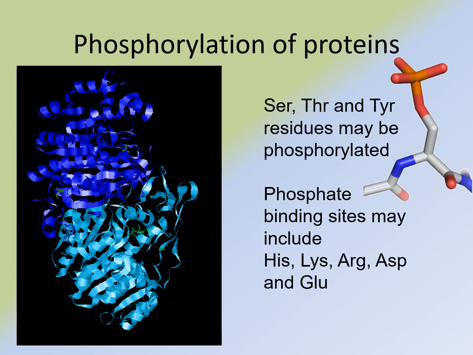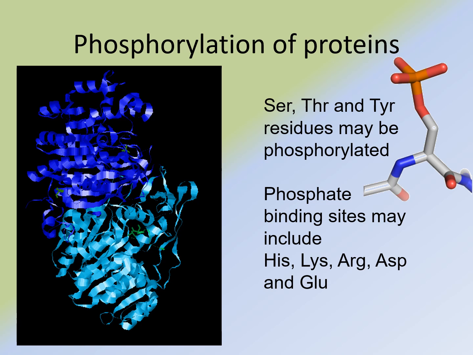But also phosphates can be bound by different binding sites that contain either positively charged amino acid residues or even negatively charged ones able to form hydrogen bonds. So don't confuse covalent phosphorylation and just the binding of phosphates.